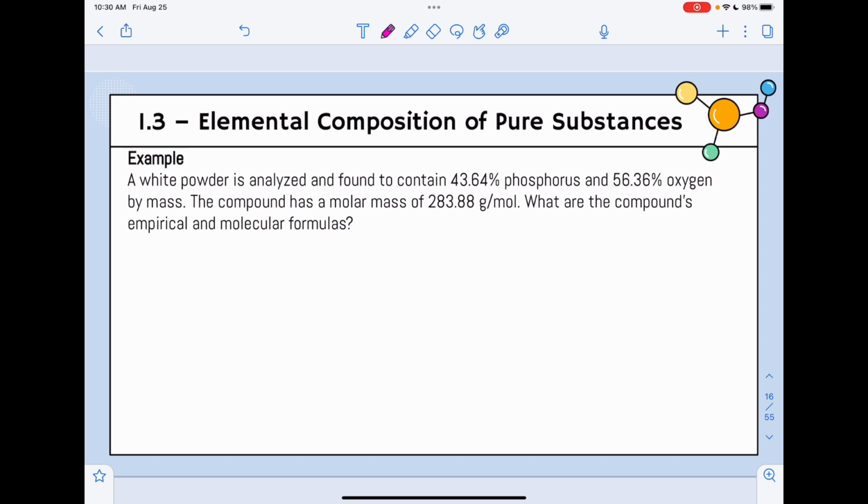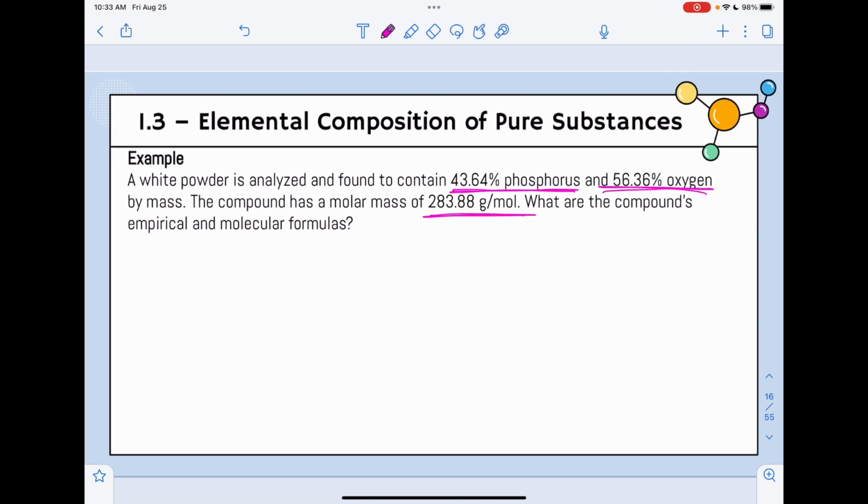What are the compound's empirical and molecular formulas? Okay, so similar to my last one, I've got 2 mass percents. I've got the molar mass of the overall compound, so this is going to be set up exactly the same way. I would recommend that you pause the video here, see if you can work it out, and then restart the video to look at my answer.